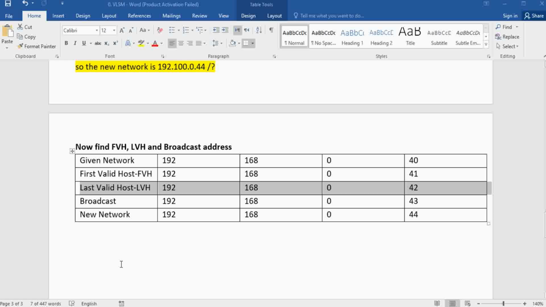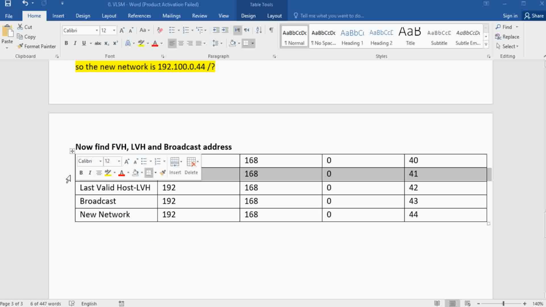Last valid host, LVH, 192.168.0.42. Broadcast 192.168.0.43. New network 192.168.0.44.